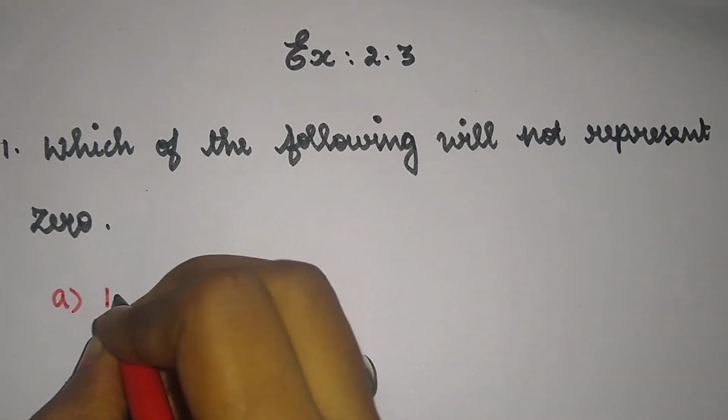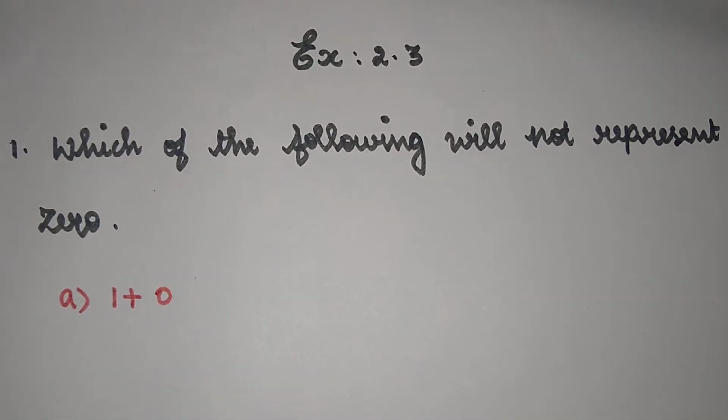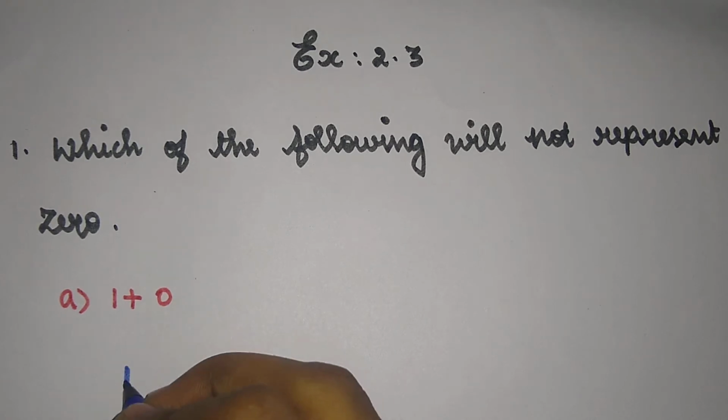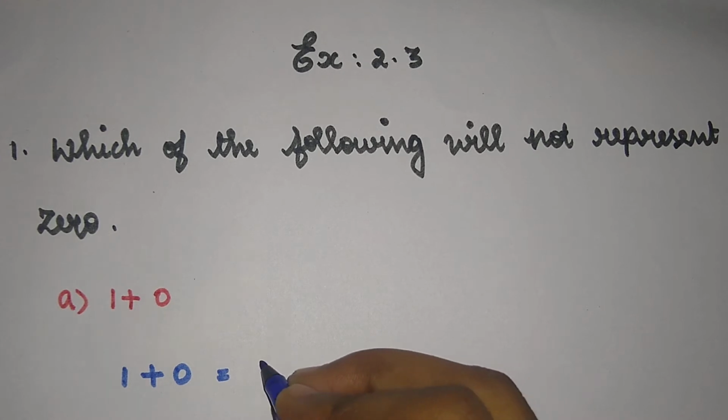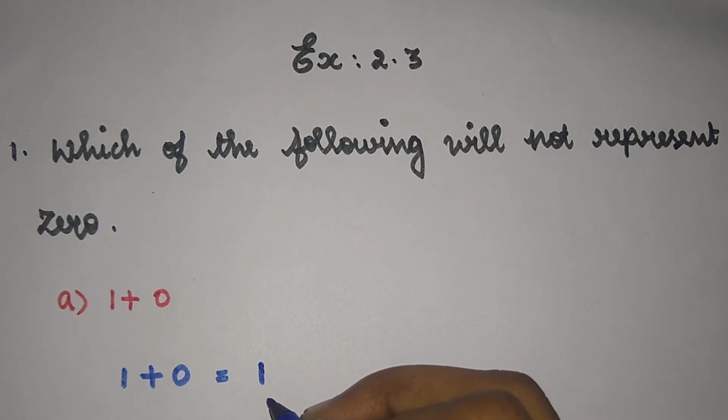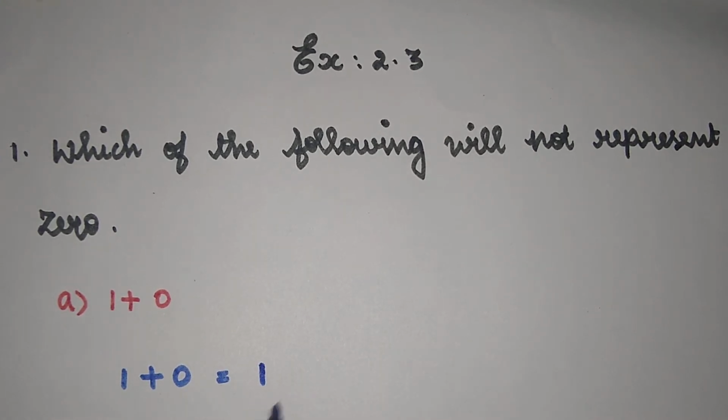That is 1 plus 0. We have to add these two numbers. 1 plus 0 means 0 plus 1 is, the answer is 1, not 0. So, it does not represent 0.